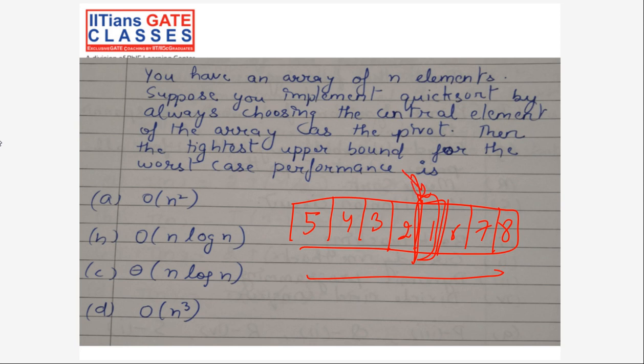There is no way actually for quicksort to guarantee that in the worst case you will never pick either the smallest element or the largest element. Randomized quicksort also has less probability, but it still has the probability that every time you may pick the smallest element or the largest element, hence screwing up the whole process of partitioning and not properly dividing the array. So it doesn't matter what happens, A is the right option.